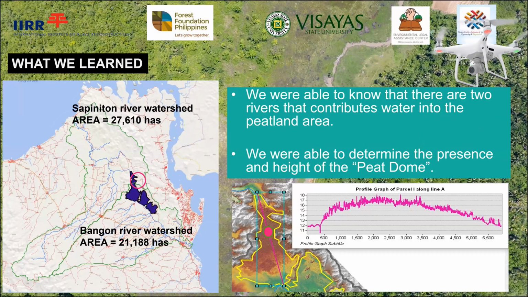It is very clearly shown here that the one with the round circle on the left is the suspected peat dome. The peat dome runs around 5.5 kilometers, and the difference in height from the lowest to the highest is around 6 to 7 meters.